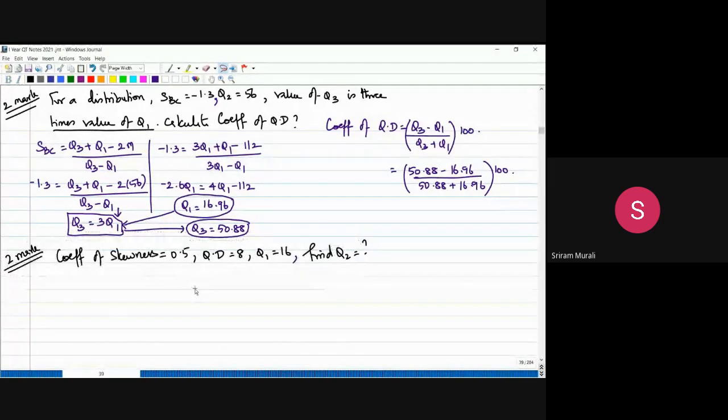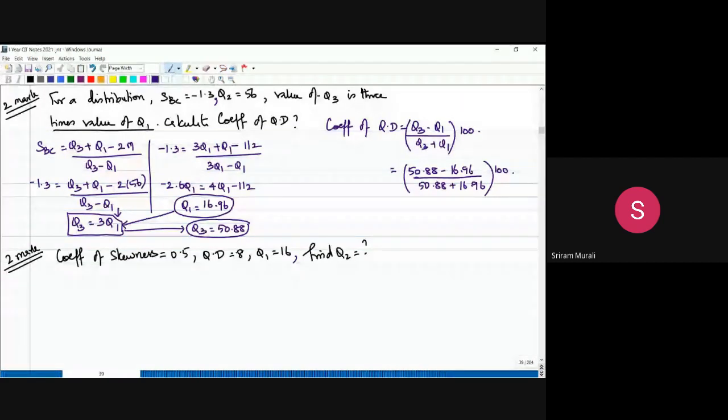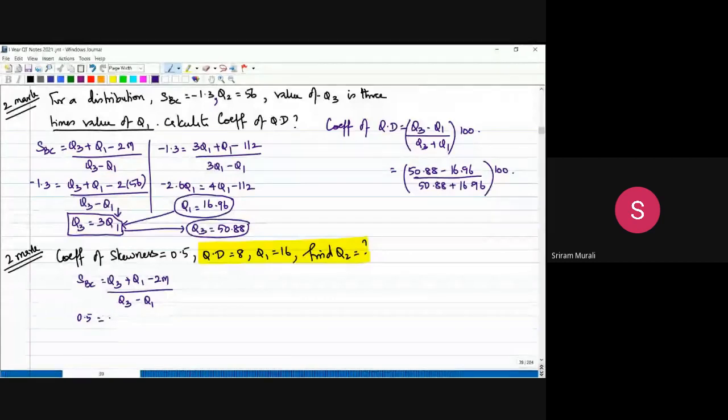Coefficient of skewness. Again, Bowley's. How do we know this is Bowley's coefficient? Because you are given QD, Q1, Q2, and they are asking for it; that is why this is a problem based on Bowley's. Had it been mean, median, mode, I would have taken Karl Pearson. So you know this is the formula for Bowley. 0.5 is equal to (Q3 minus Q1 minus 2 times median) divided by Q3 minus Q1, where Q3 is to be found and Q1 is 16.